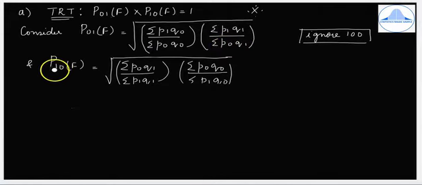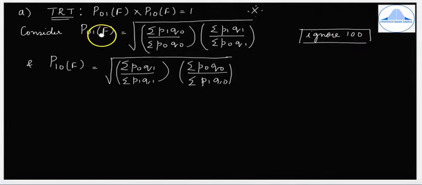Similarly, write the formula for P10 of F, which is equal to, in this formula, if you replace 1 by 0 and 0 by 1, we get root of summation P0 Q1 divided by summation P1 Q1 into summation P0 Q0 divided by summation P1 Q0. Most important is you should not consider 100 when you're doing the time reversal test and factor reversal test.